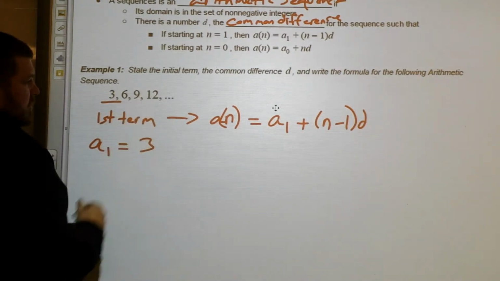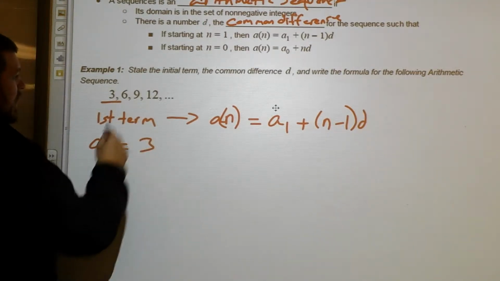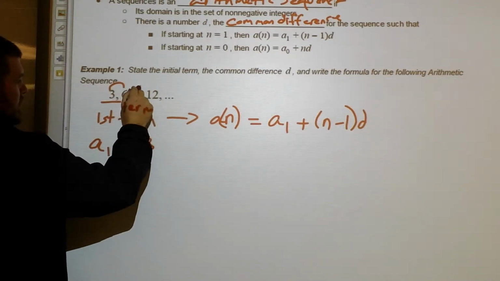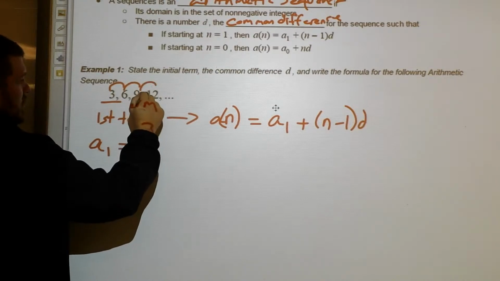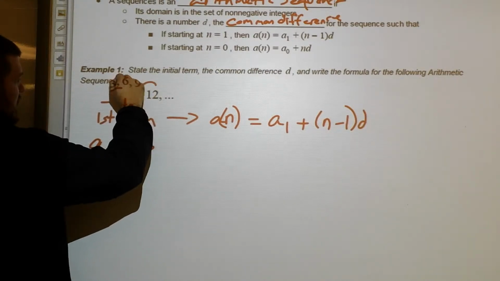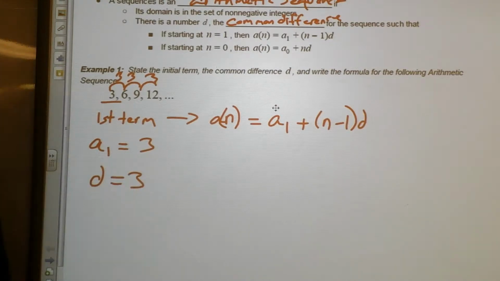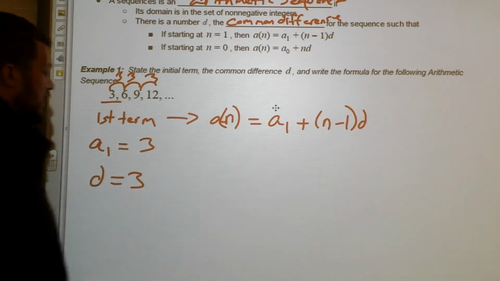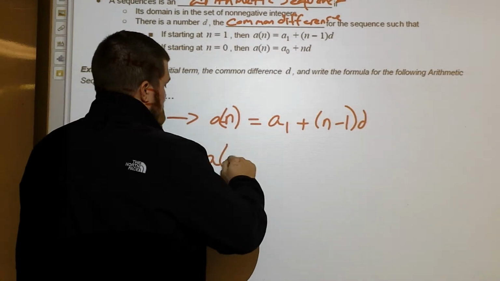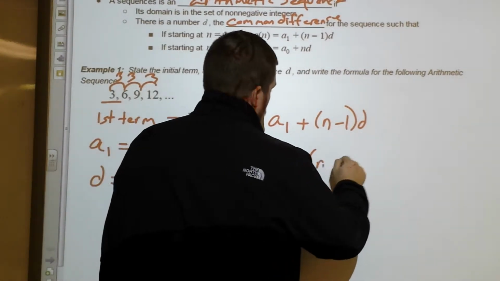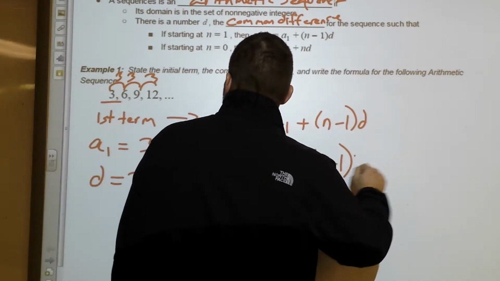We can represent this sequence using a closed form definition. So for our difference, we just say 6 minus 3, 9 minus 6, 12 minus 9, and our difference each time is 3. So our common difference is 3. So now we're going to just plug in, and we get our sequence can be written as 3 plus n minus 1 times 3.